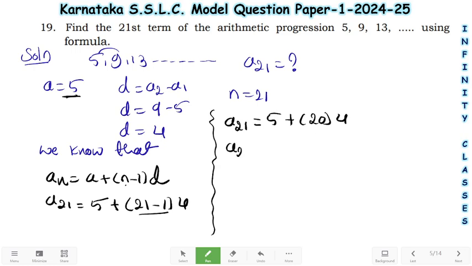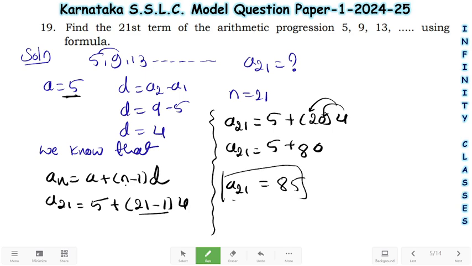That is A21 is equal to 5 plus 4 into 20, 4 twos are 8, that is A21 is equal to 85. Therefore the 21st term is 85. So in this manner we have to solve the problem.